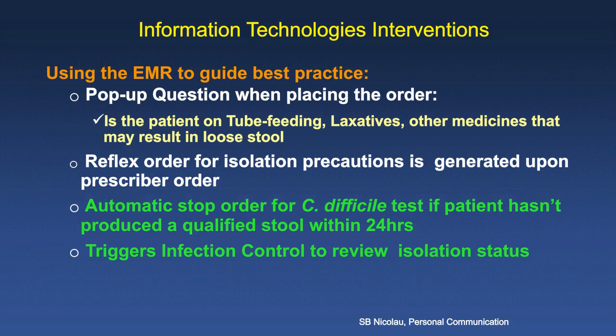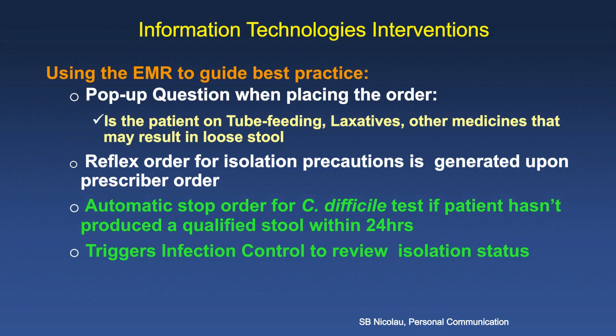But as Nate said, it's important to try to engender change, to try to minimize the tiredness of going through screens. But asking some of these questions could be important, making decisions about the sending of tests and the initiation of therapy. Asking questions about, is the patient on tube feeds, laxatives.